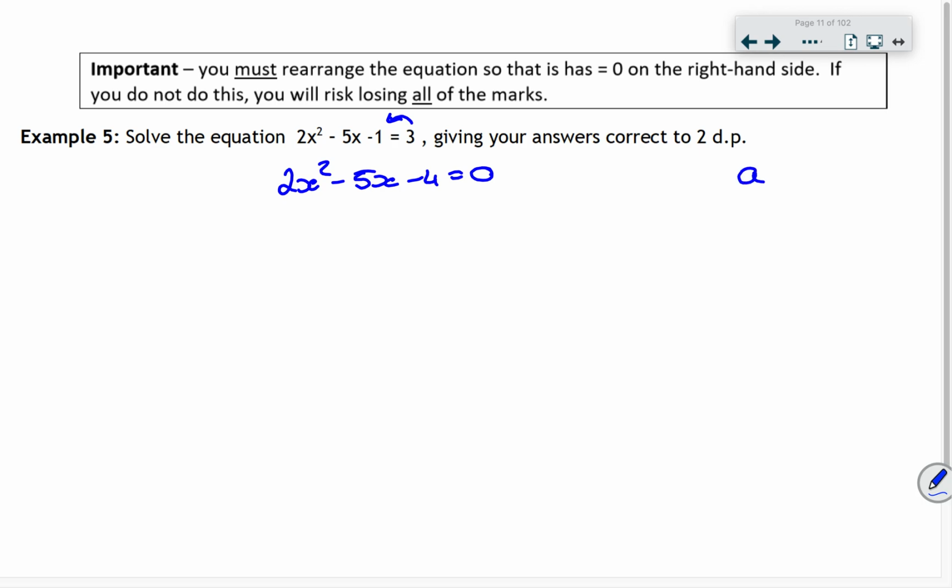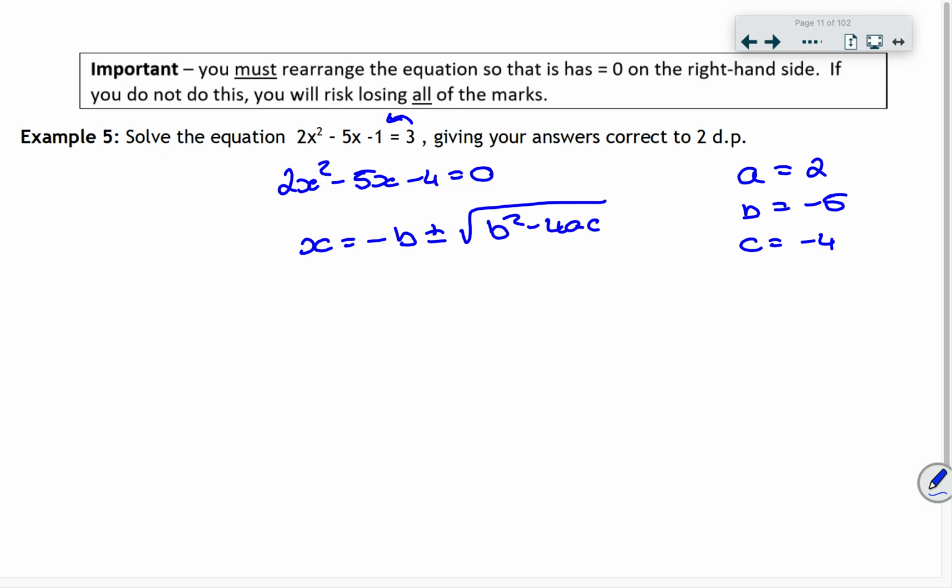Write down your values of a, b, and c. So a is equal to 2, b is equal to negative 5, c is equal to negative 4. So let's put it into the formula. So x is equal to minus b plus or minus the square root of b squared minus 4ac all over 2a.